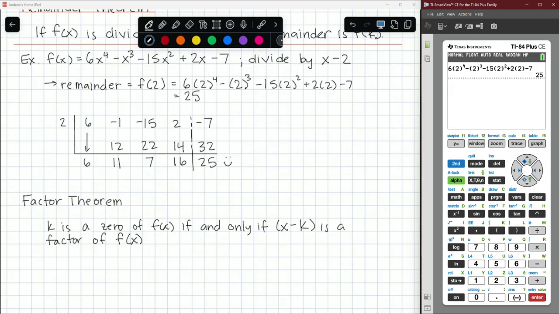And what that means when we say something is a factor of f of x, that means that my remainder should be 0. So that means f of x divided by x minus k has a remainder of 0.